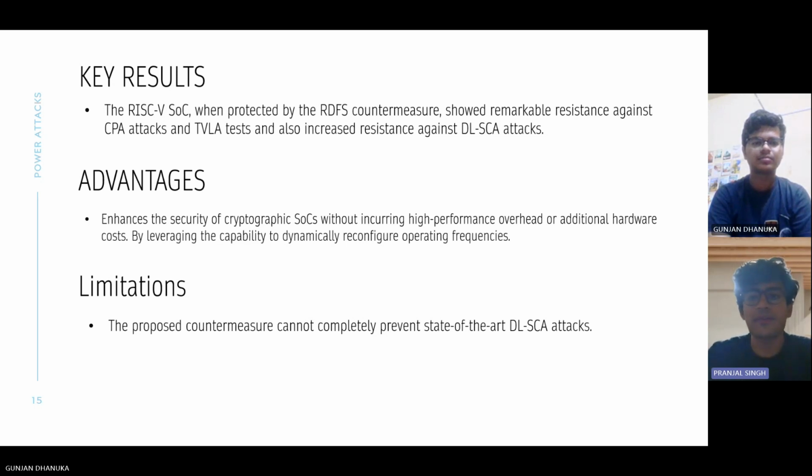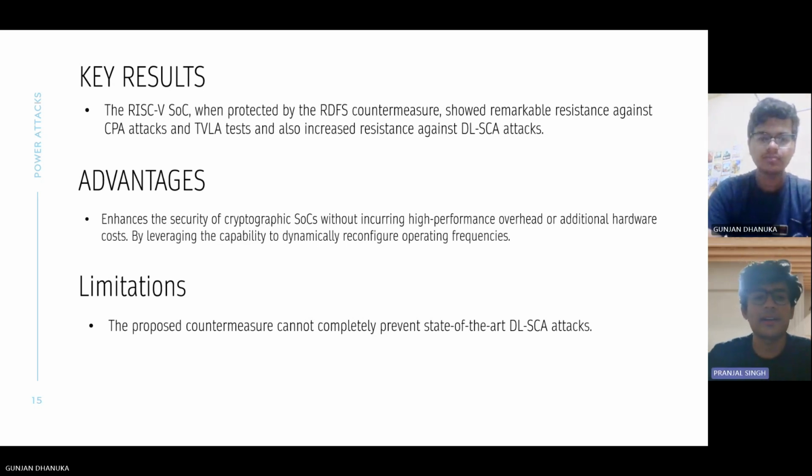In fact, up to 5 million traces, the attacker was not able to find out any useful information about the working of the system on chip, and it also increased the resistance against the deep learning based side channel attacks. Thus, it is a useful countermeasure that can work on a variety of attacks.